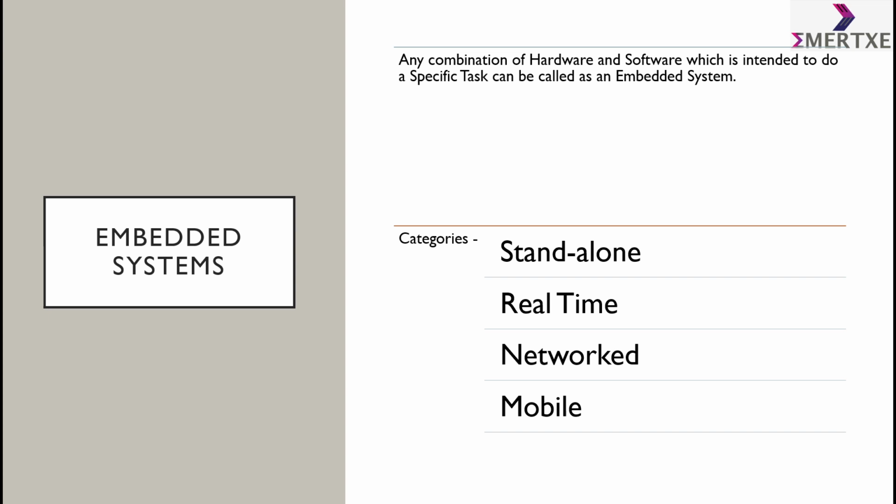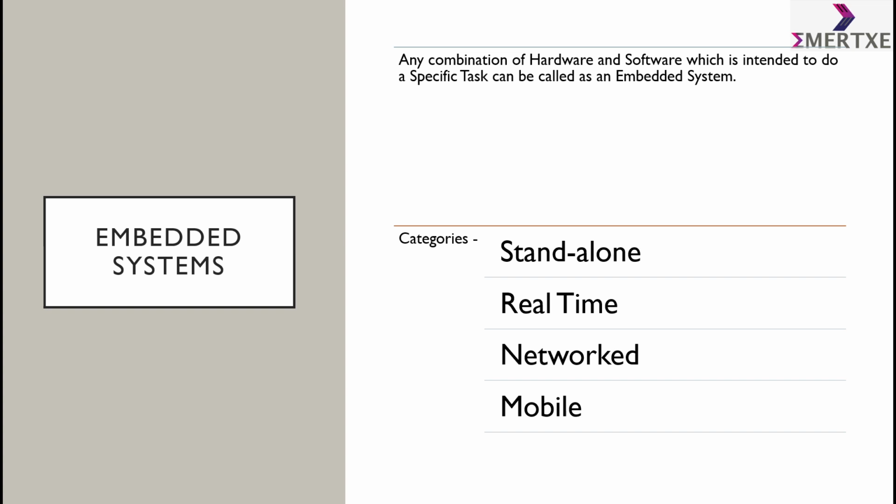Examples include anything that we have in our daily lives, like a microwave, washing machine, TV, CCTV, fridge, car, aeroplane, the mobile phone that we use. Everything has an embedded system in it.